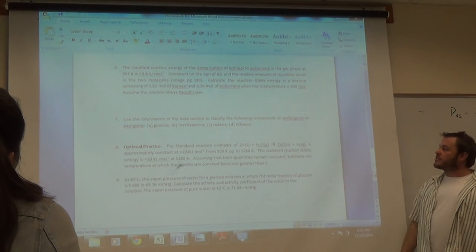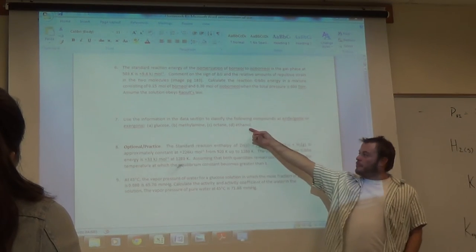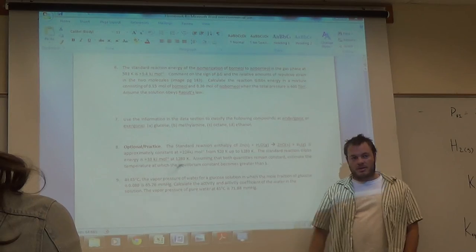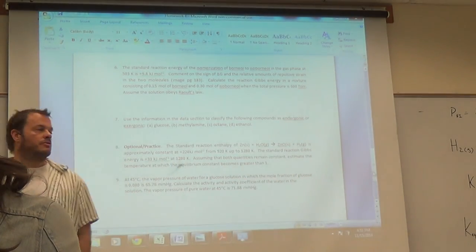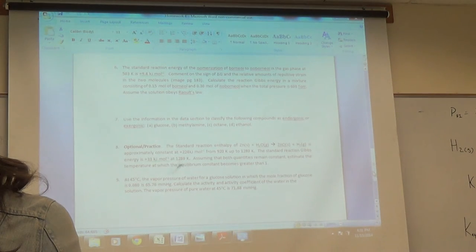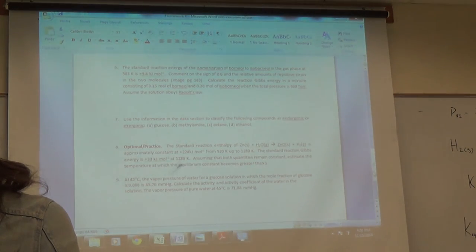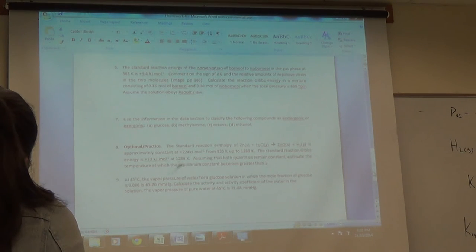Number 7 asked you to determine whether or not these species are endergonic or exergonic. We haven't talked about that piece of vocabulary. It's in your text. You can read the section of the text. Endergonic basically means that the Gibbs free energy of the actual molecule is higher than the Gibbs free energy of the atoms from which it's composed.